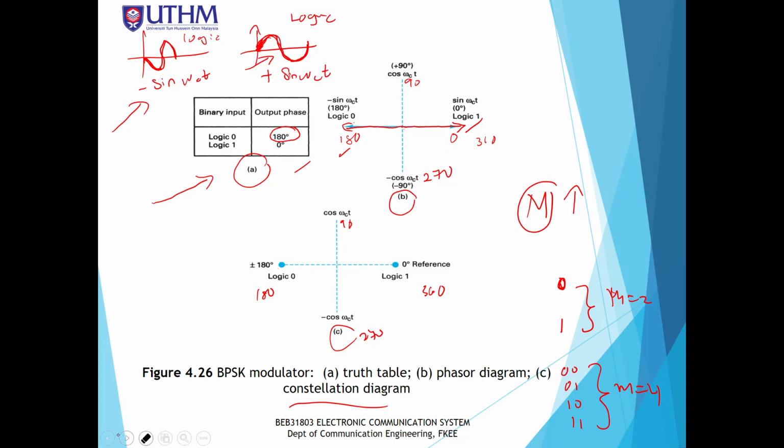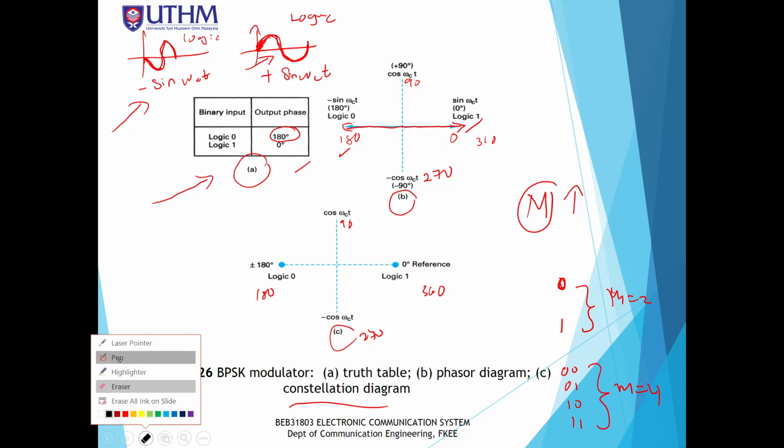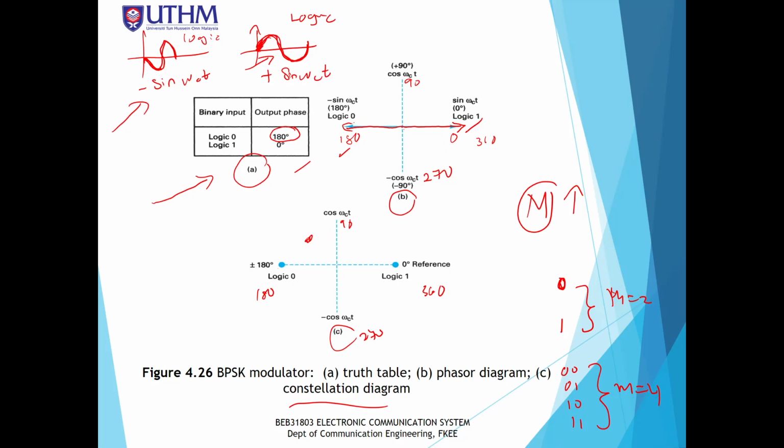That means we're gonna have 4 dots here, somewhere like this. It is not in the syllabus, I just want to show you that. So each dot is representing a unique symbol. Setiap dot ini mewakili satu simbol.